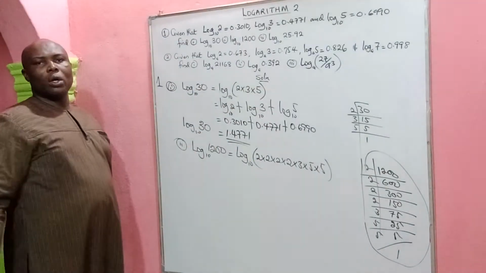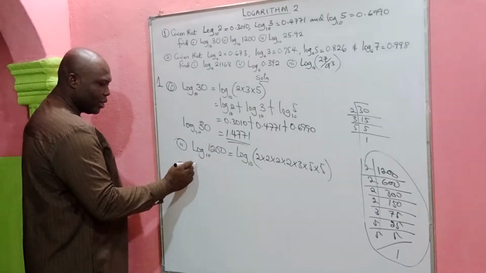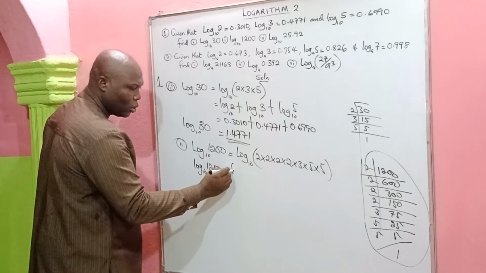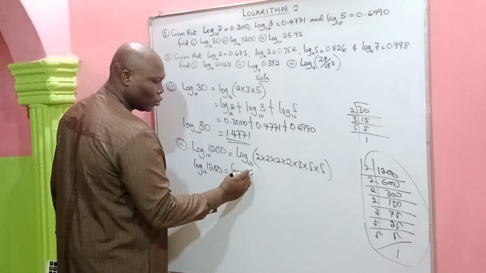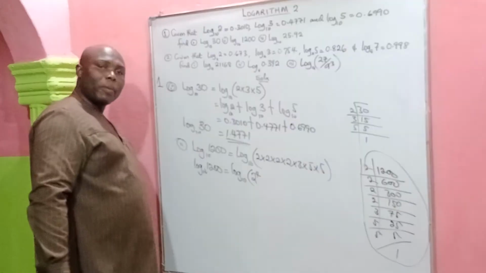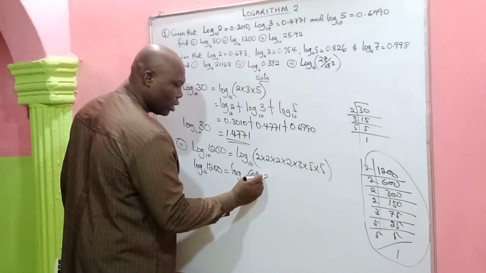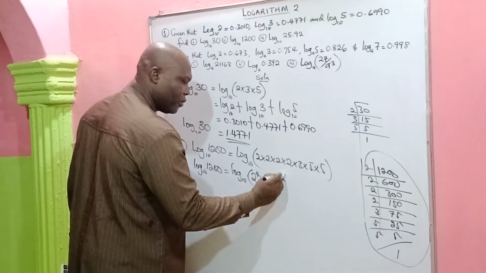That gives us what we have. At this point, we need to express this in terms of powers. So 2, 2, 2, 2 is 2 raised to the power of 4. 3 is just once, and 5, 5 is 5 raised to the power of 2.